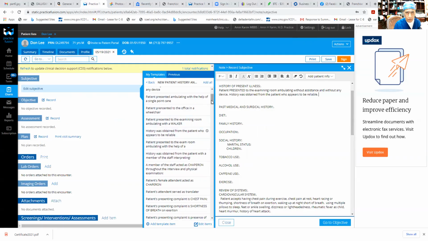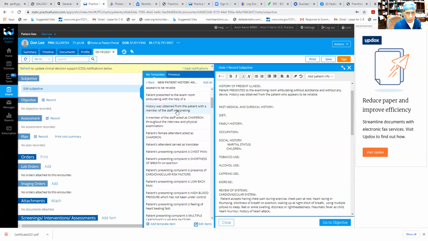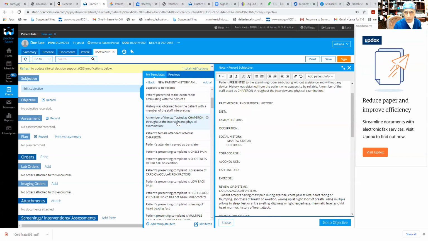If it is otherwise, then you state the otherwise, like it was obtained from a member of the staff, or a patient who doesn't speak English, somebody interpreted for you, then you put this one. Of course, in a case of a lady, you put down that the member of the staff acted as a chaperone throughout the interview and physical examination. Again, legally important, and you know the reason why. You have to document that.